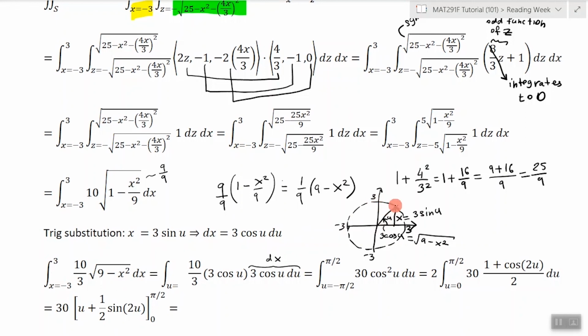What does it mean? It means that x equals 3 is here. Why? Because, well, that's when the vertical coordinate is 3, and this corresponds to u equal to pi over 2, and x is equal to -3 when the point is over here, and this is u equals negative pi over 2. So these are the bounds on u.